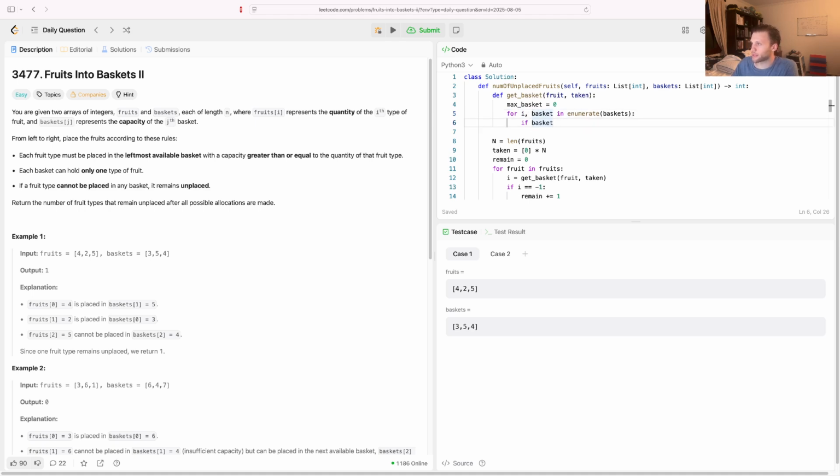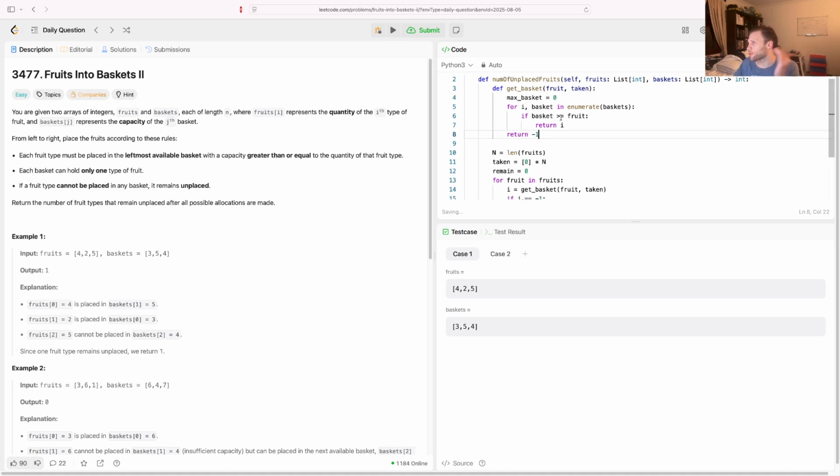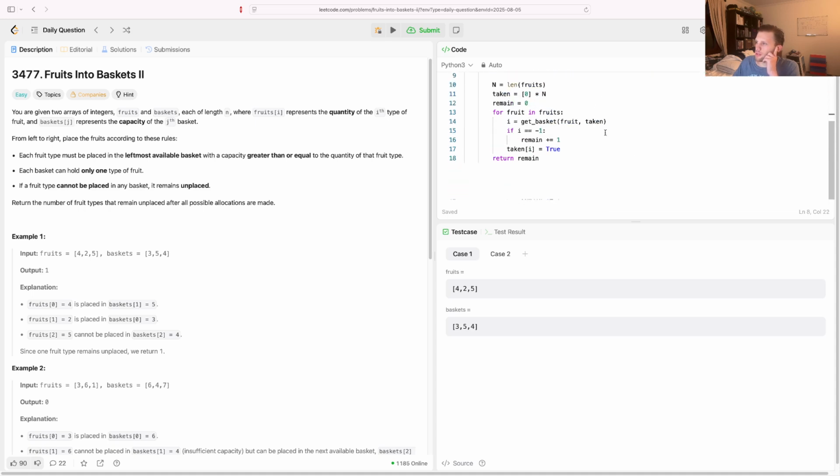If basket is greater than the fruit, return the specific index. If not, return -1. And then this is that check, and we could just continue on that because we don't want to set this.